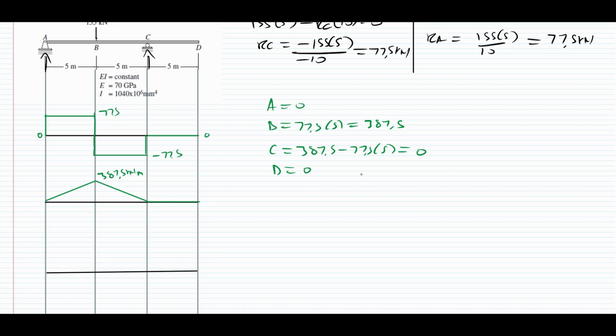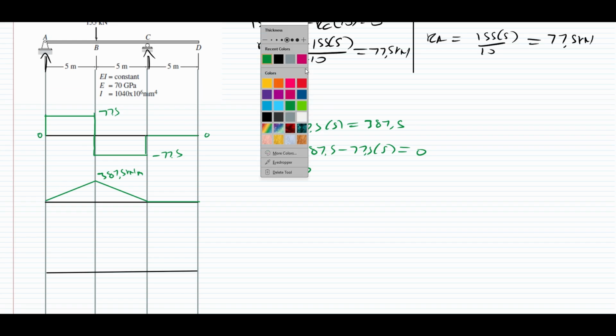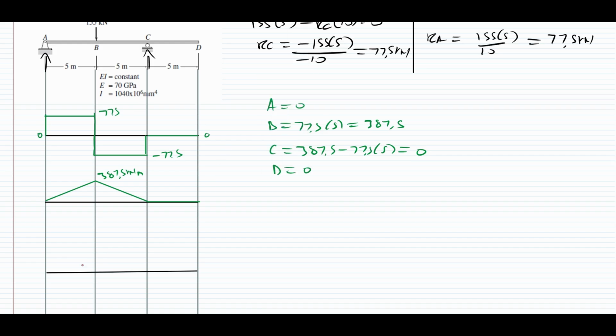Now let's do our conjugate beam. Our conjugate beam at A is going to stay the same. You're going to have your pin support. At C, you're going to get a hinge, and at D, it's going to be fixed.